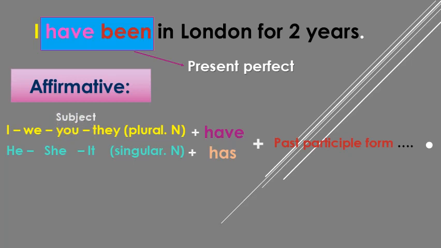So here we have the subject plus the auxiliary verb. Auxiliary verb, هي أفعال المساعدة, has or have, then the main verb.